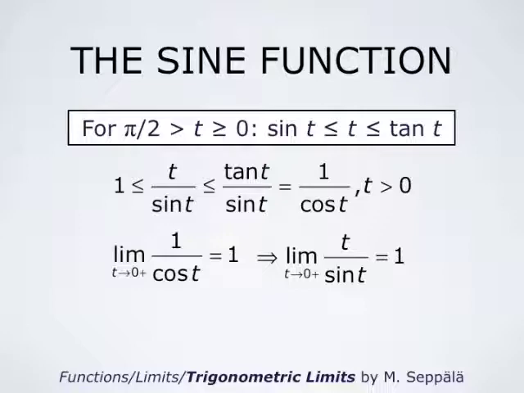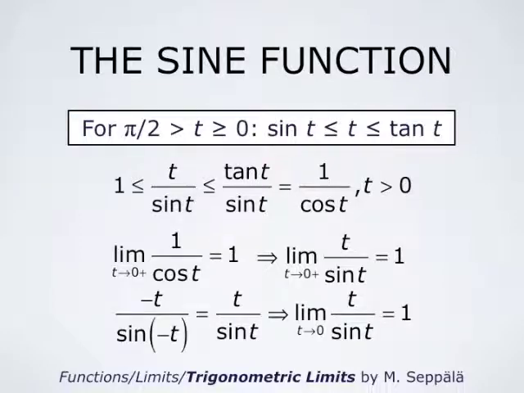Alright, so now t goes to 0 through positive numbers. Next we observe that minus t divided by sine of minus t is the same as t divided by sine of t, because sine at minus t is minus sine at t. So this means that the quantity t divided by sine of t takes the same value at t and at negative of t.